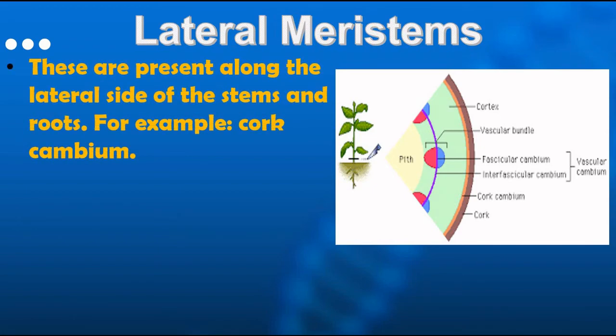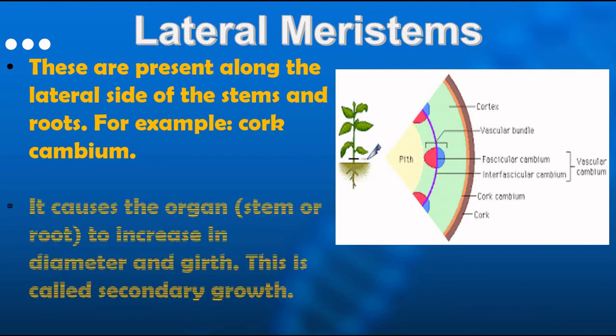Now let's go to the lateral meristems. These are present along the lateral side of the stems and roots, for example, cork cambium. The apical meristems are present in the roots and shoots, but here the lateral meristem is present in the cork cambium and in the stems and roots.